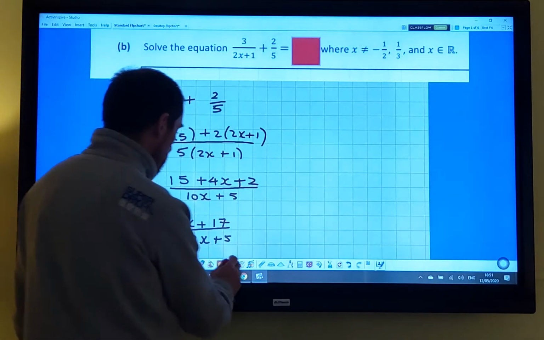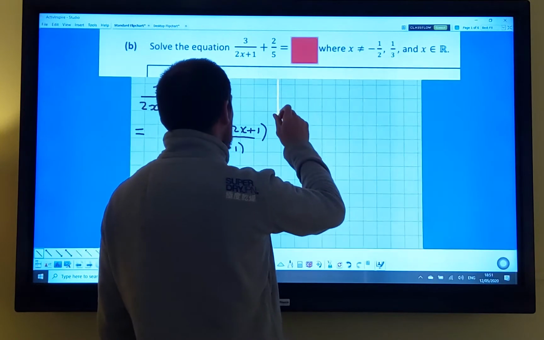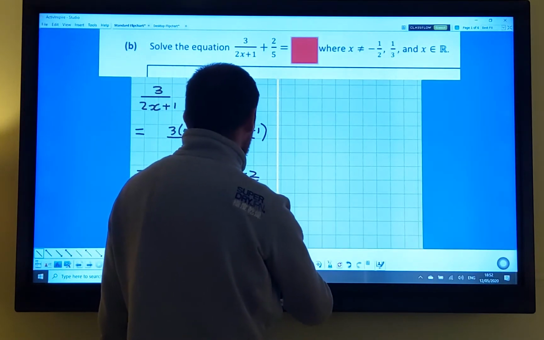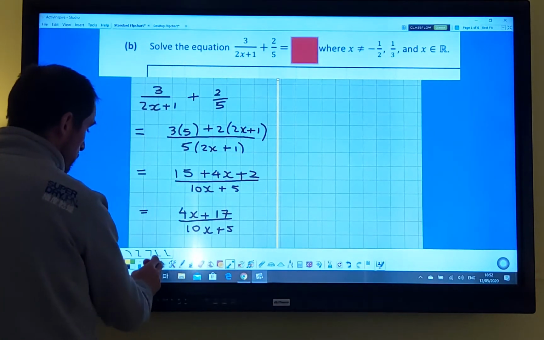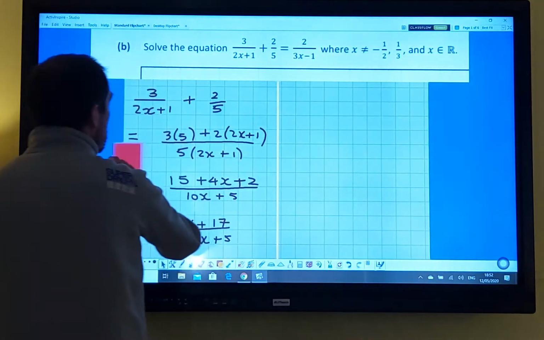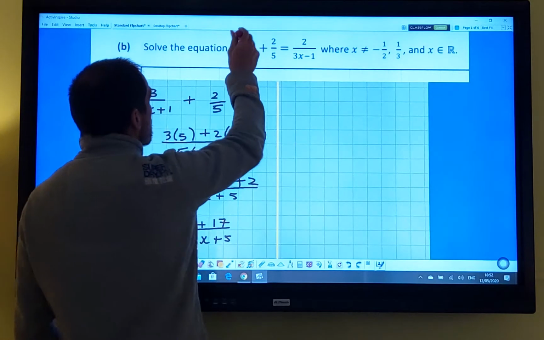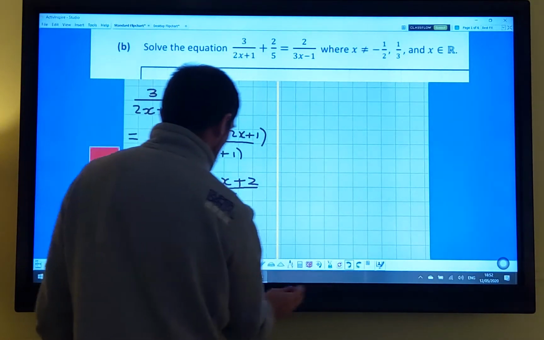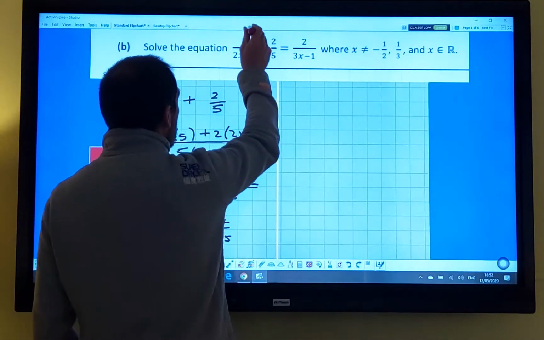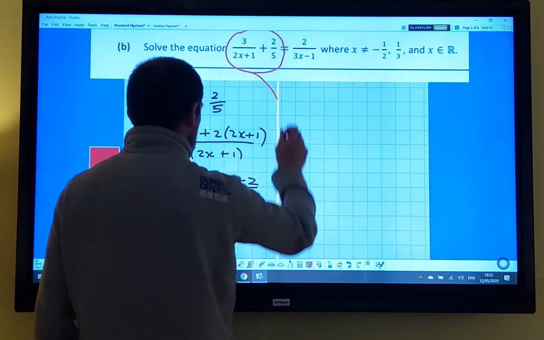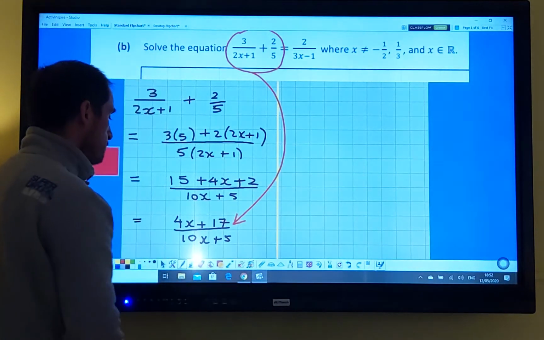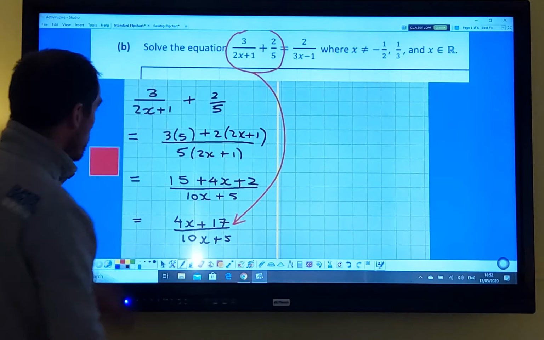Now I'm going to move over to this part of the board and take part 2. I'll bring this into play. I know that this here is equal to that there, from this calculation.